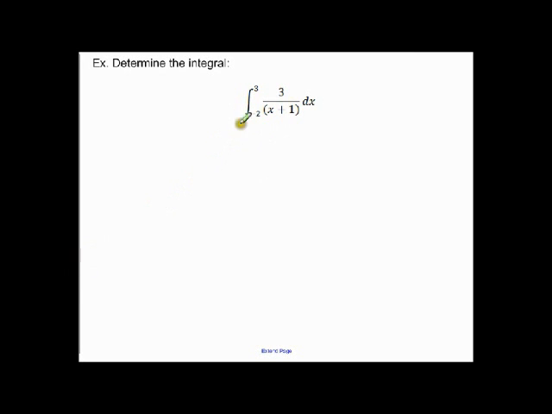Alright? So I want to determine this integral here. Okay? So what that means is that we want to take the integral. Remember, this is 3 times 1 over x plus 1, so the integral is going to be 3 times ln absolute x plus 1.